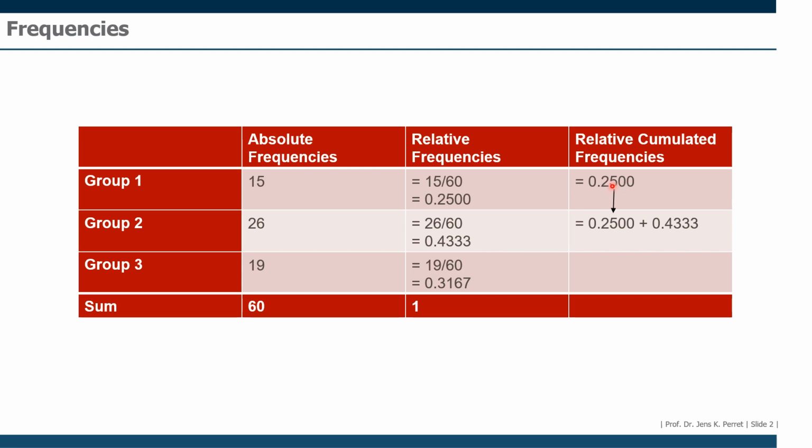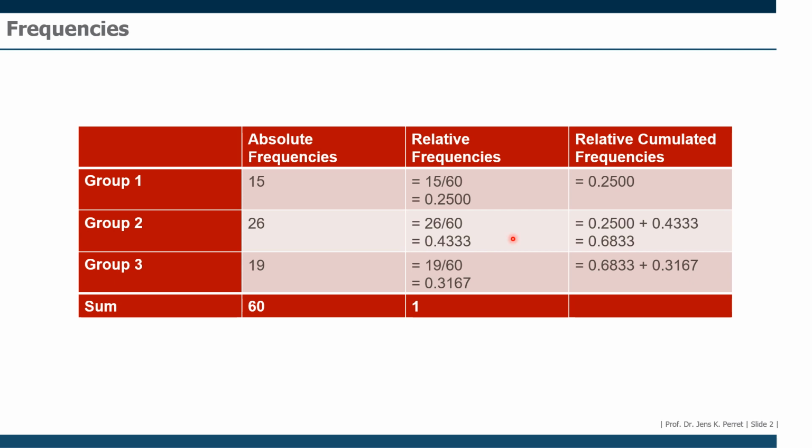So we can take these 25% and add the 43 from here. That will yield the end result, which is actually the same as if we had added up all of the relative frequencies, but in this case we just have to add up two numbers, which is much easier.